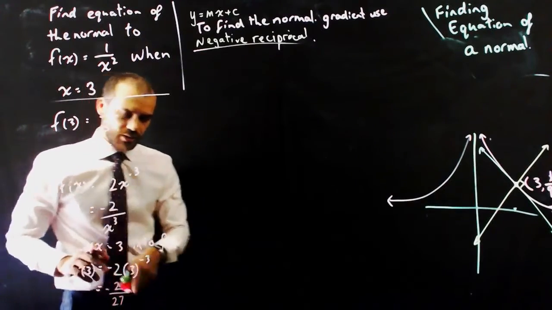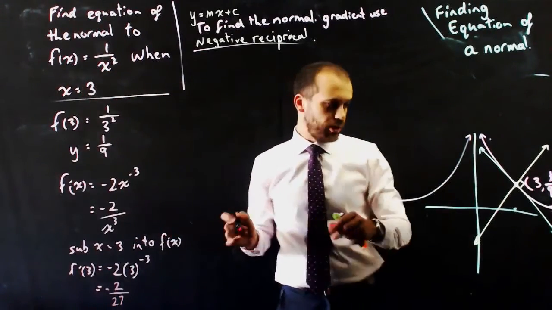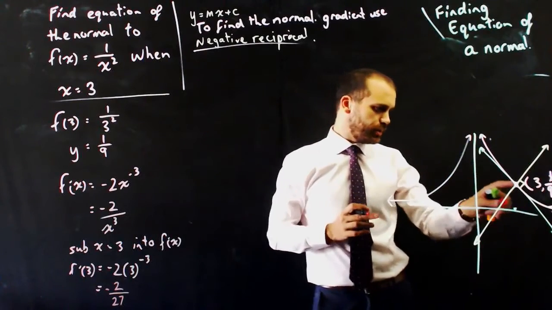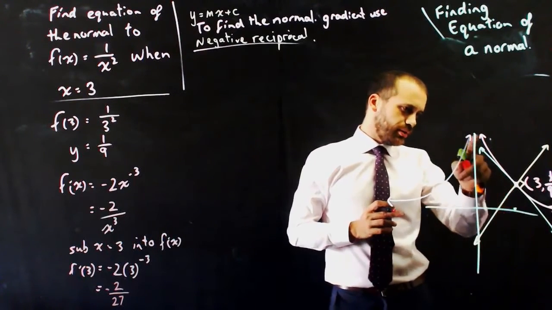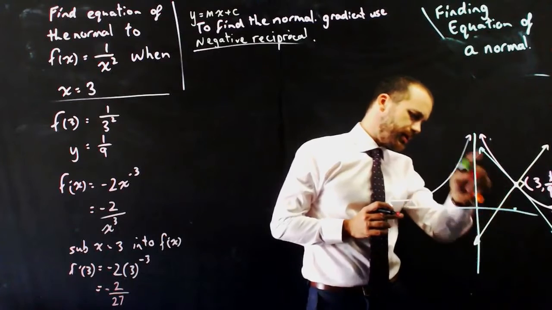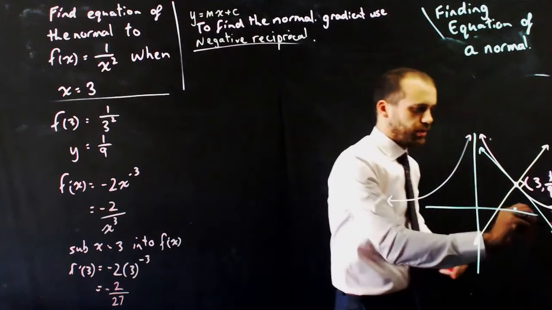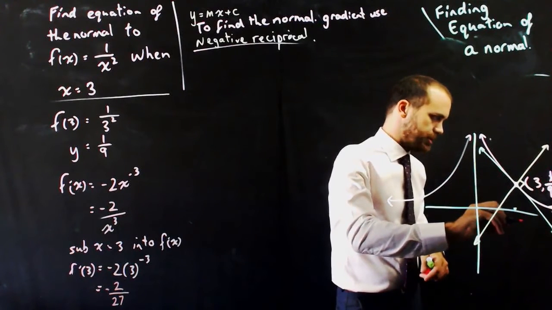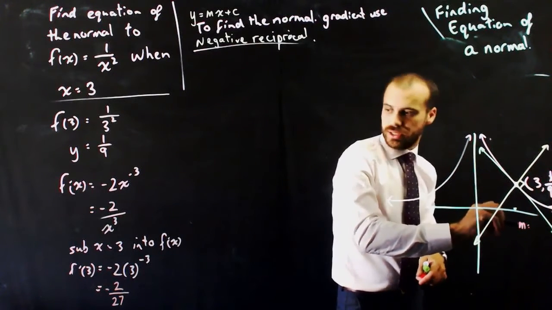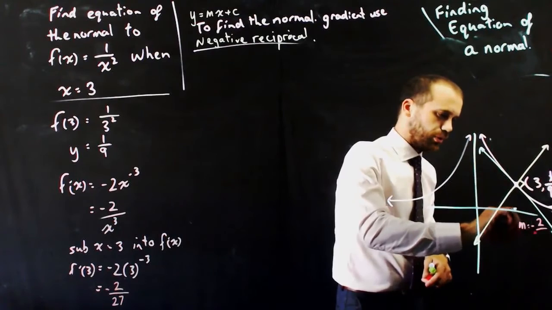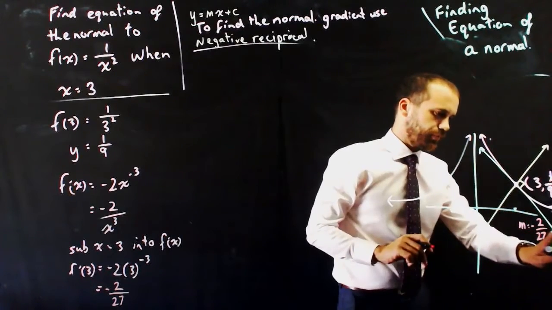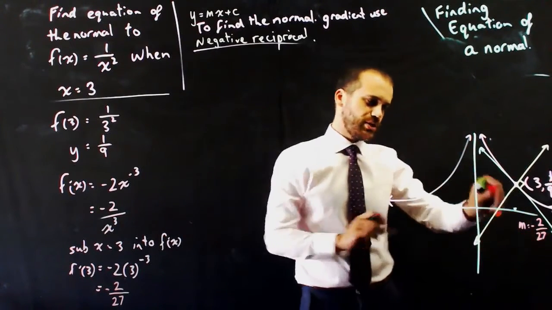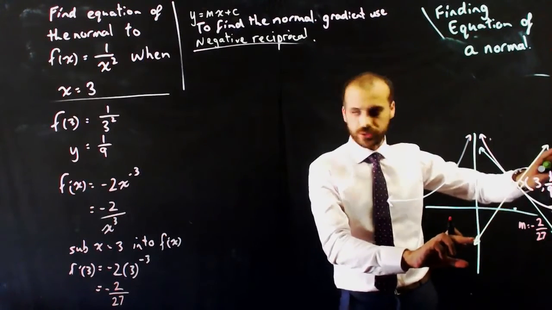Could have done that in my head. Okay, so now what do I know? I know that this line, this green line here, has a gradient of m equals negative 2 on 27. That's for the equation of the tangent, but I need the equation of the normal.